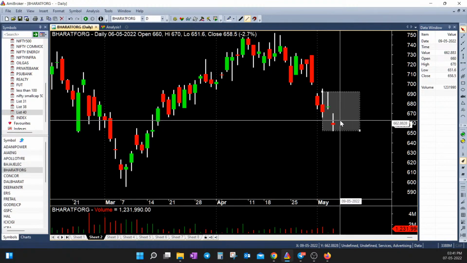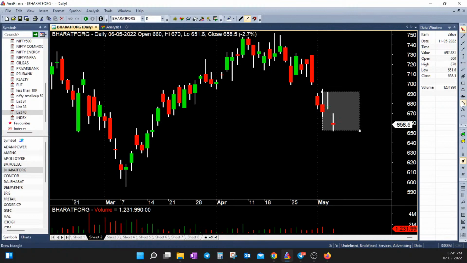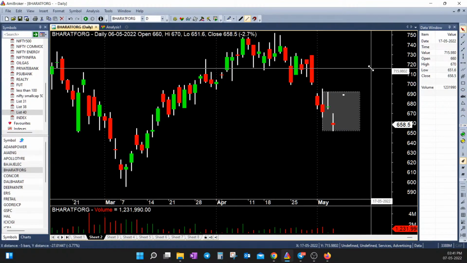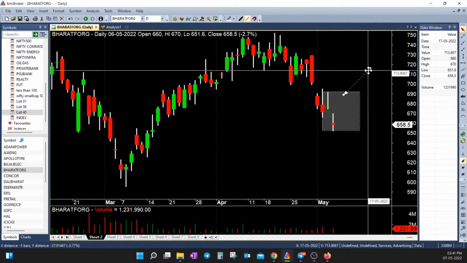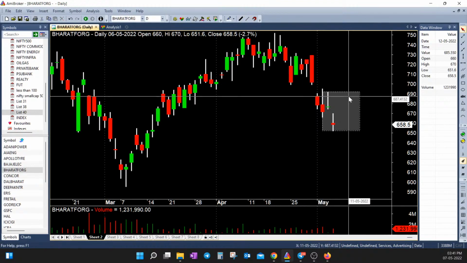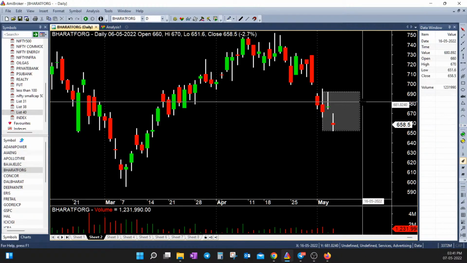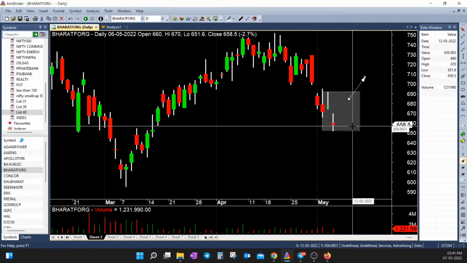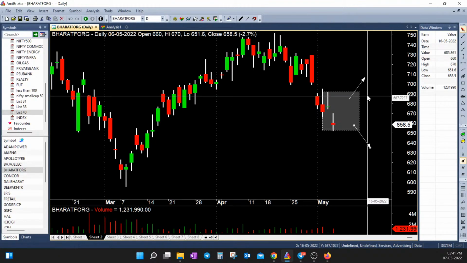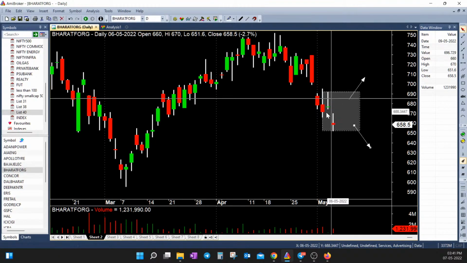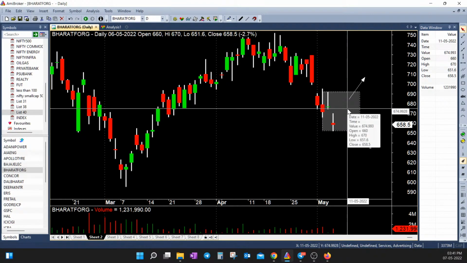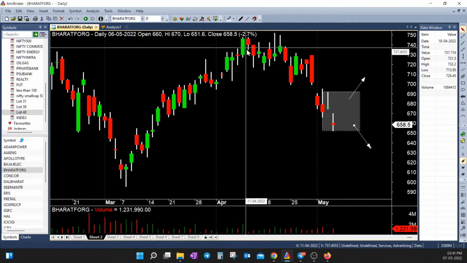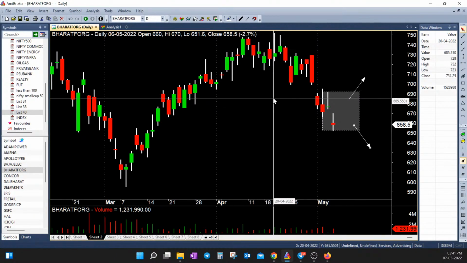This doji pattern that formed, it might move upwards as well, it might move downwards. After going downwards it might hit the stop loss also, so I do avoid this. Got it? I do trade this double doji at the bottom level or at the top level. Clear?